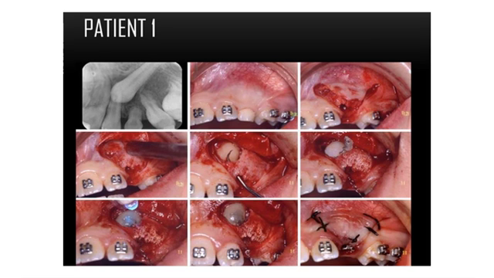Here is another case of apically positioned flap.